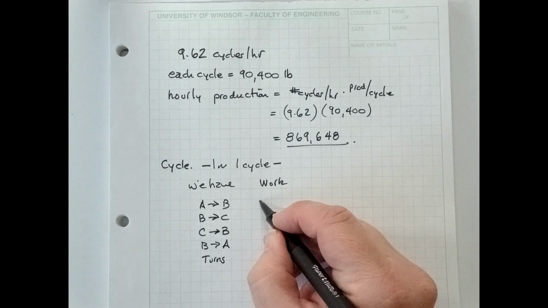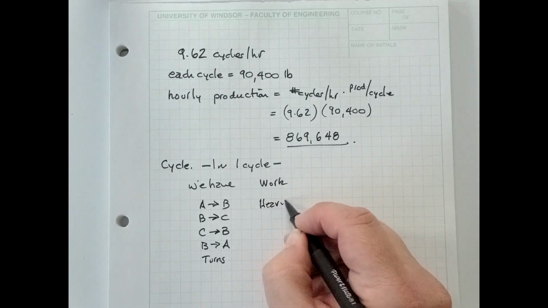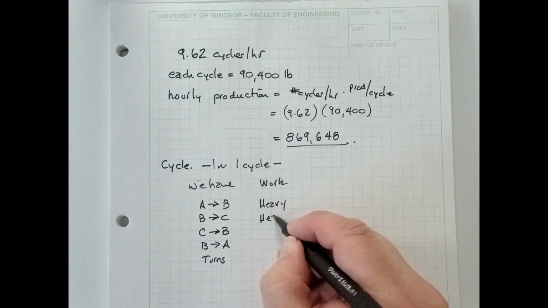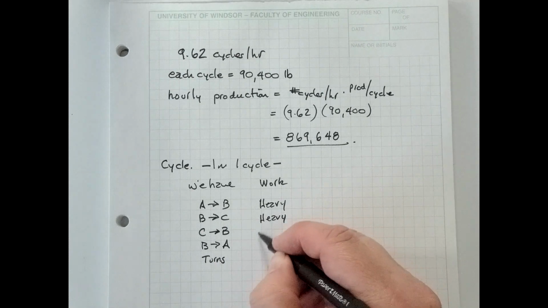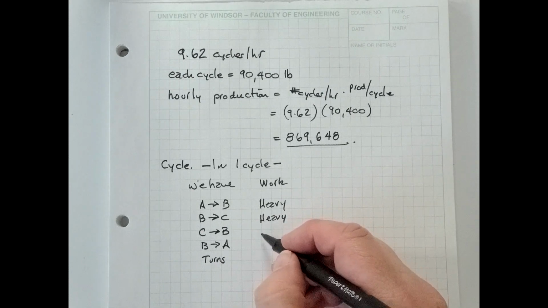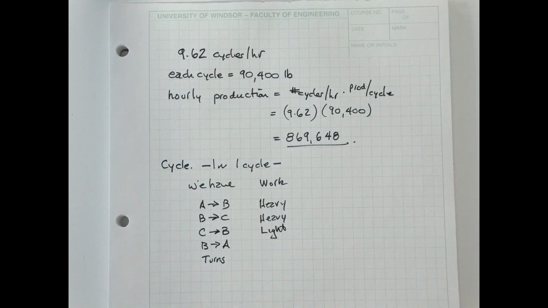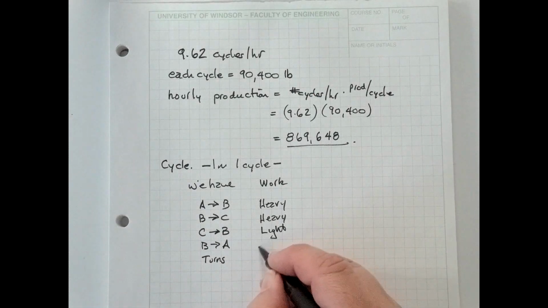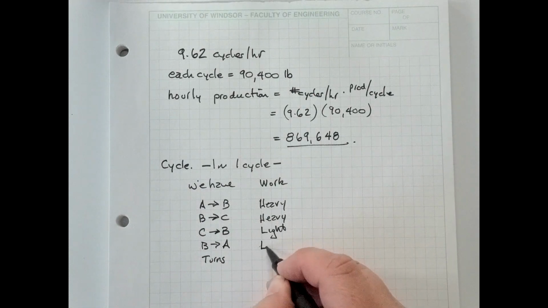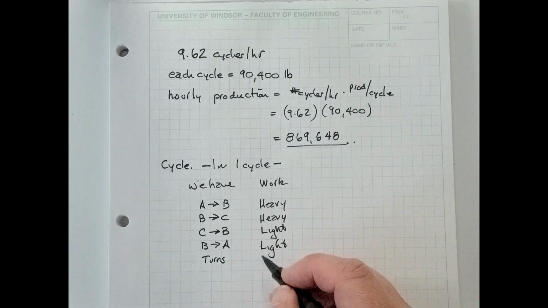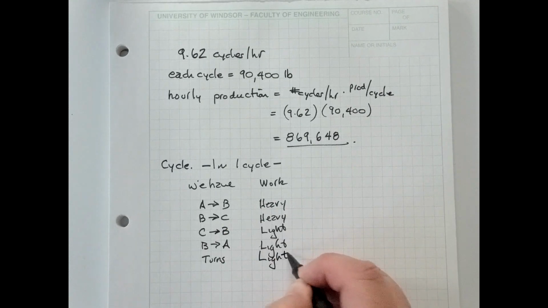This is doing heavy work, right? It's hauling. This is heavy work. It's hauling. This is C to B. We go downhill, so this is lighter, right? The machine, you're going to use the back pressure of the engine to slow the transmission down. It's a piece of cake. And then B to A, it's light, right? It's just moving itself. And when we're turning, we're also going to be light.